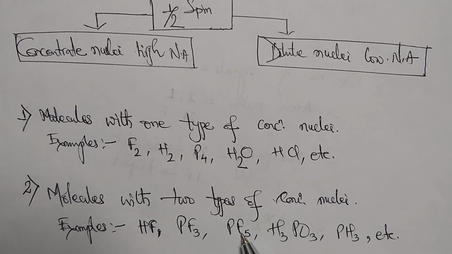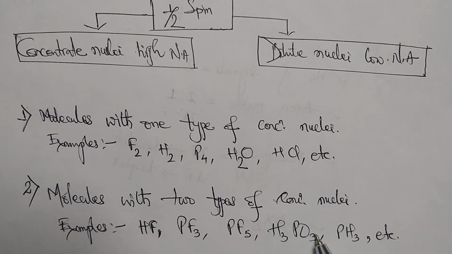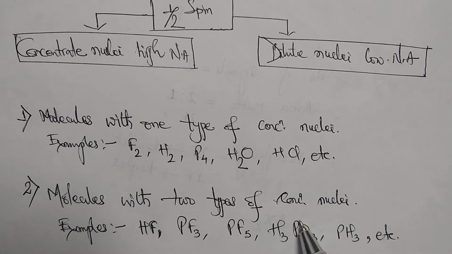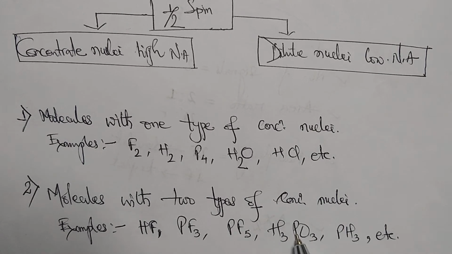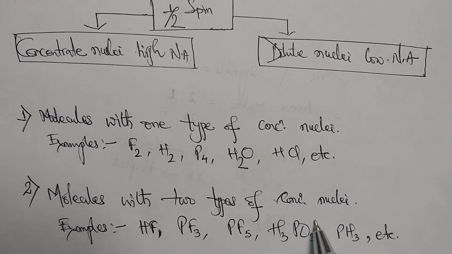Similarly here PF5, H3PO3, here this proton has high natural abundance, so it is a concentrate nucleus. Similarly, if we consider this phosphorus over here, it has a natural abundance of around 100%, but this oxygen is not magnetically active, so it will not give an NMR signal.